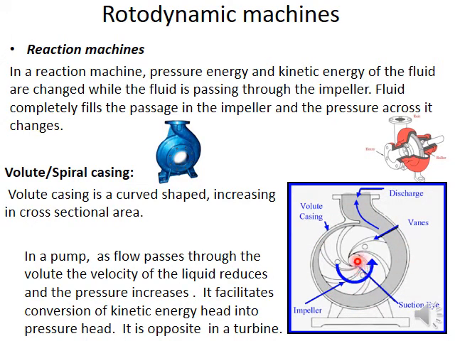Pressure increases from the center to the periphery when water moves through the impeller. So the difference between the two types is that in reaction machines, pressure energy and kinetic energy of the fluid are changed as it moves across the turbine.